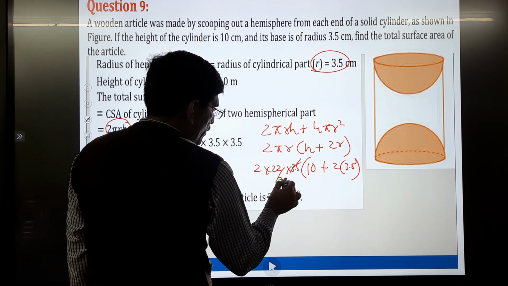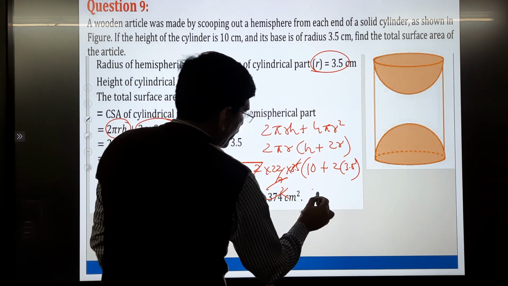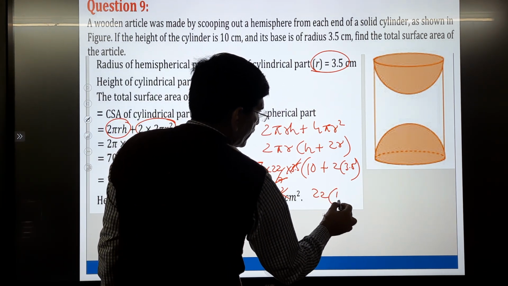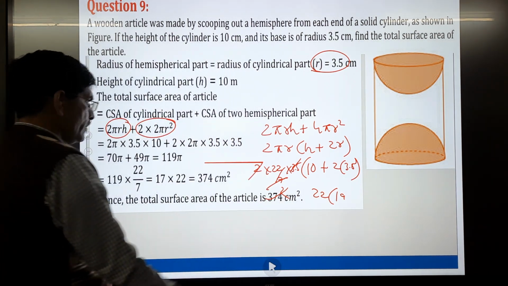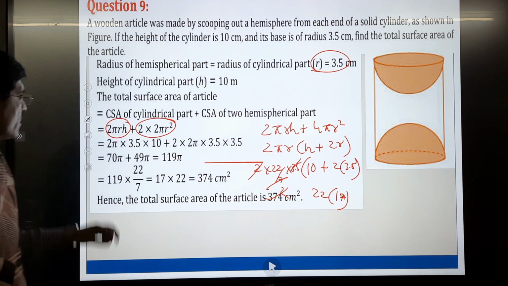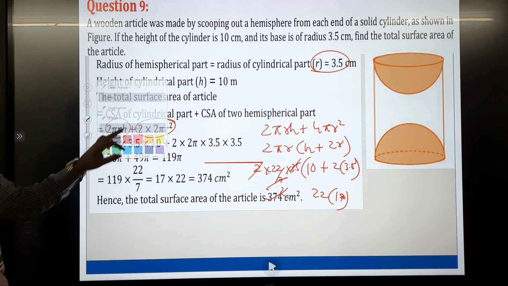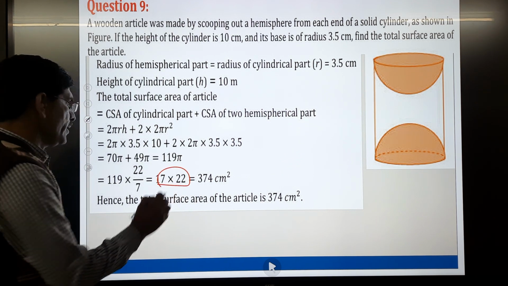The 2s cancel. So we get 17 into 22, and we get the value 374.